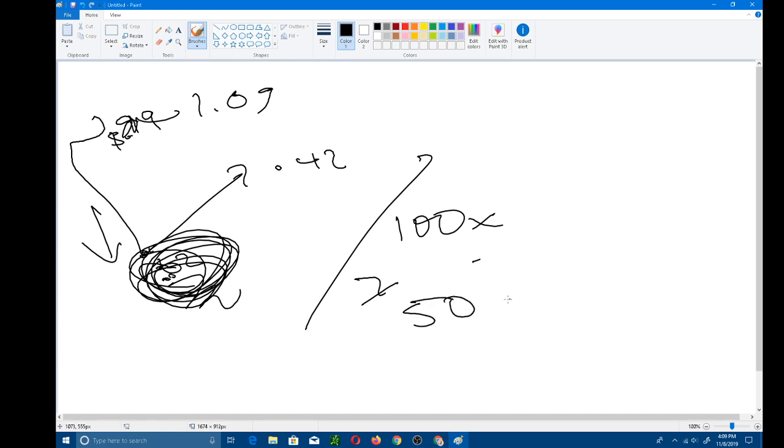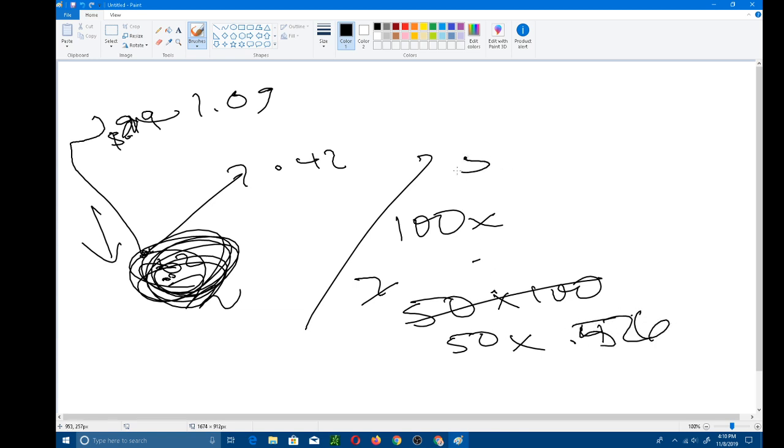Or actually, 5,000 shares, 50 contracts, at $42 per contract. Right at the peak. Actually, it hit more than 42. That's not true. It hit 50. So it hit $50, $52, $56. But for the sake of this argument, I'm just gonna say it's 50.